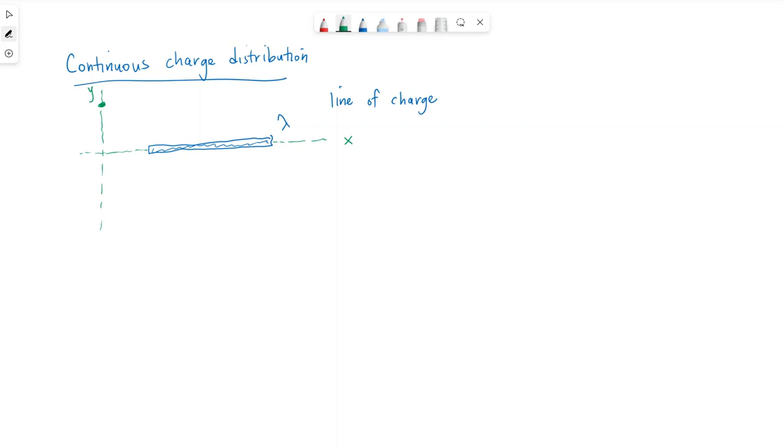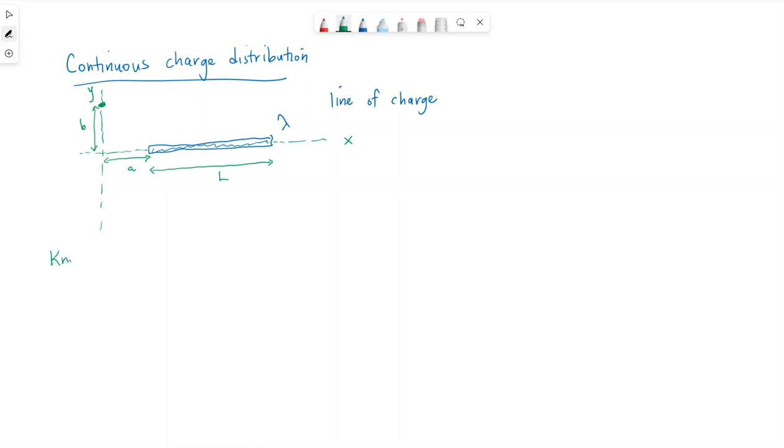So things we would need to know. We would need to know this vertical distance. I'm going to call it B. We would need to know how far the left end of the rod was from the origin. We would need to know the length of this rod or line of charge as well.